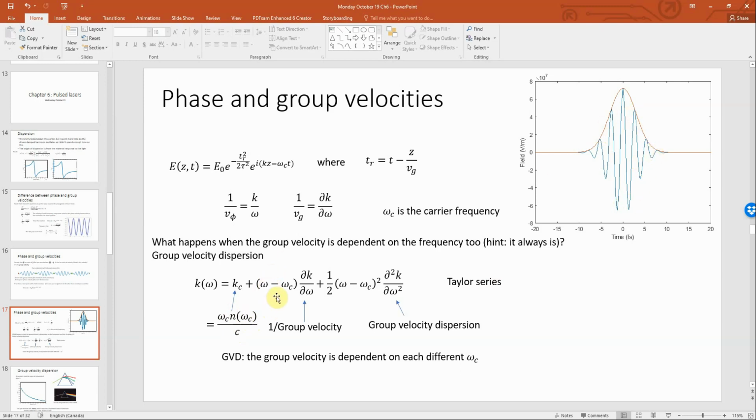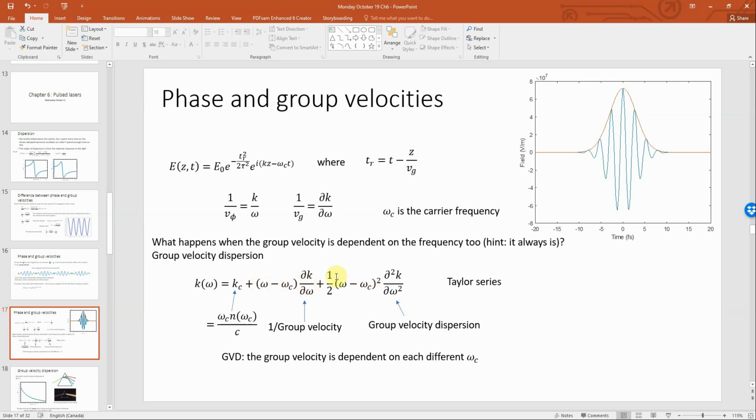And then because we're taking a Taylor series, the next term is going to be the derivative of k with respect to omega, but that is of course 1 over group velocity, multiplied by a linear dependence of omega minus omega c.